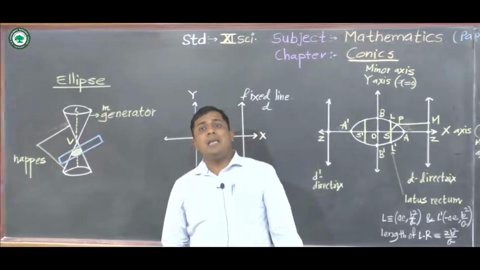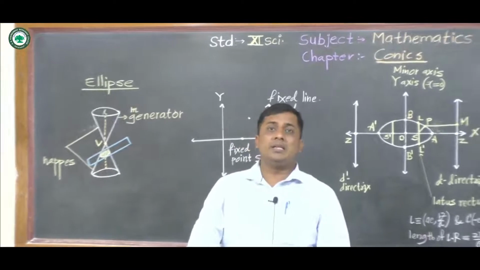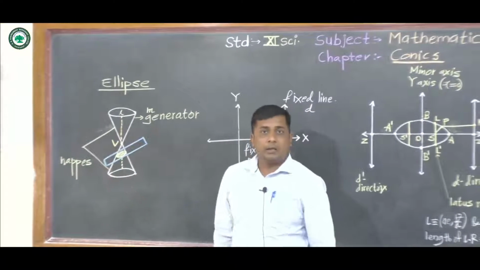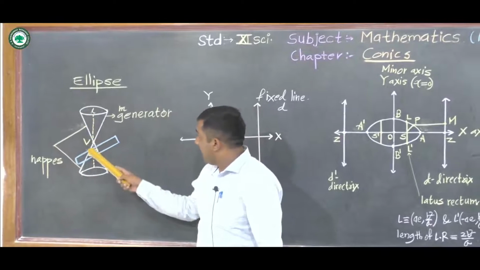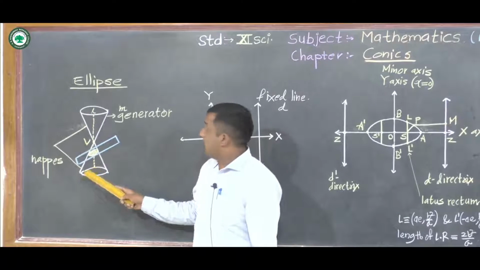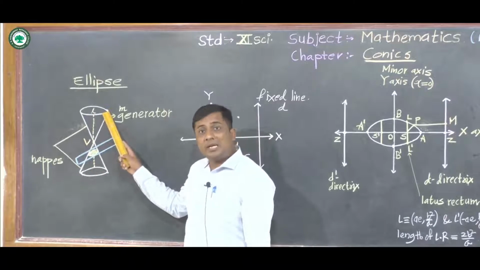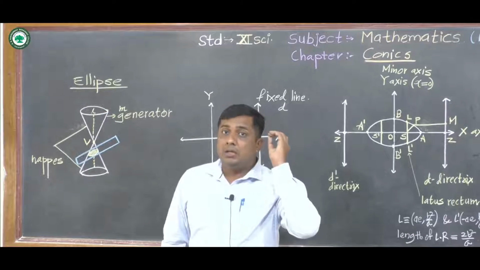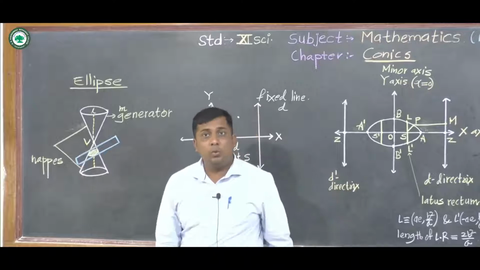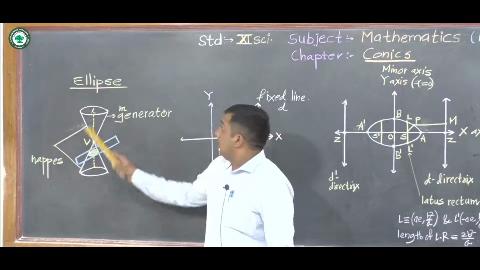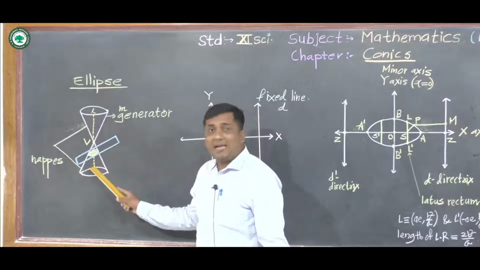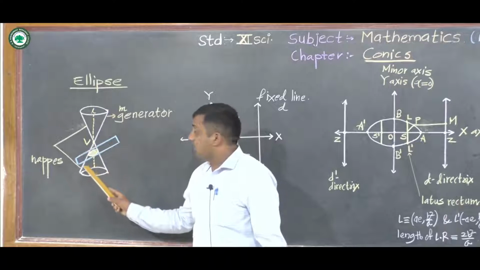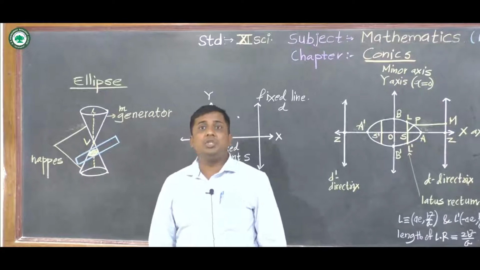To define the ellipse, we consider our first figure. Here L is our axis, and M is the generator. L and M are the two lines. L is called the axis, and M is called the generator.